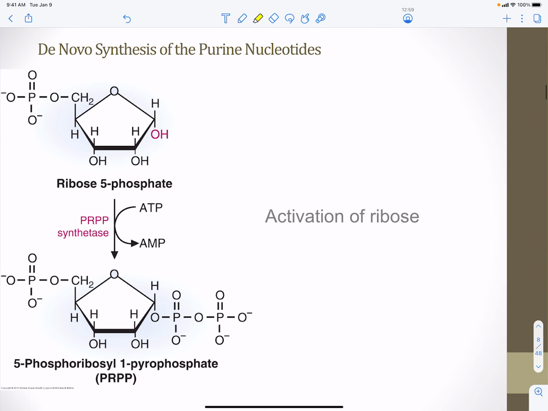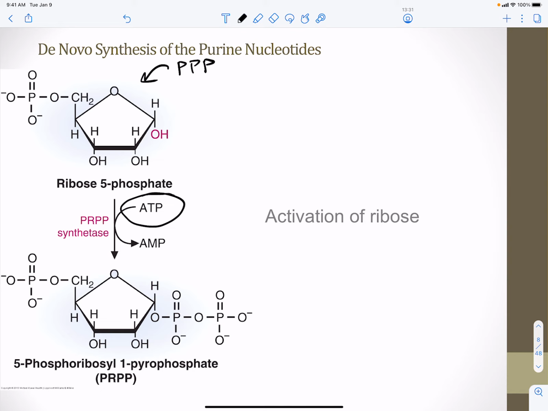Okay, so again, the activation, the first step is going to be ribose 5-phosphate. This, of course, came from the pentose phosphate pathway, if you remember that pathway. And so the pentose phosphate pathway will give you your 5 carbon sugars, and then you're going to have activation of your ribose with ATP, and this is going to form your 5-phosphoribosyl 1-pyrophosphate.